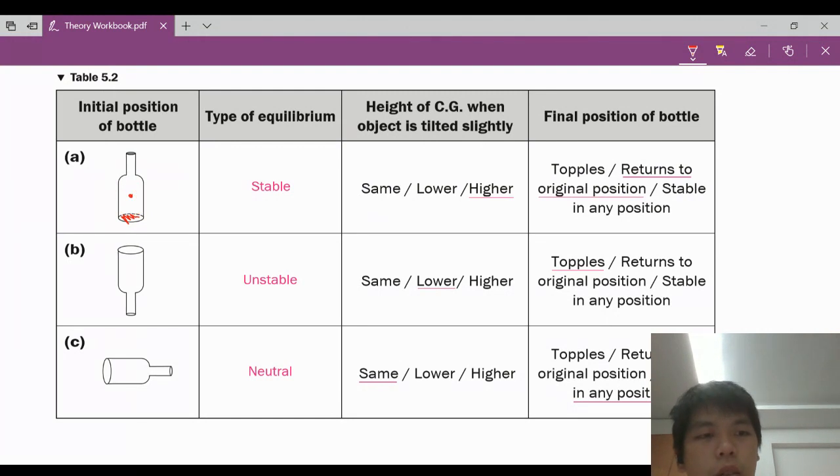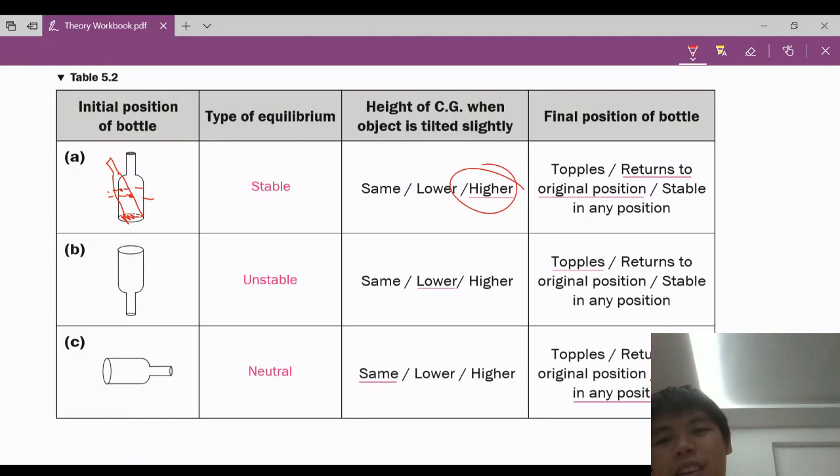Let's draw that again. Whatever the case, the center of gravity will become higher. Final position returns back to its original position. Why? Because the line of action of the center of gravity still cuts through the base of the object.